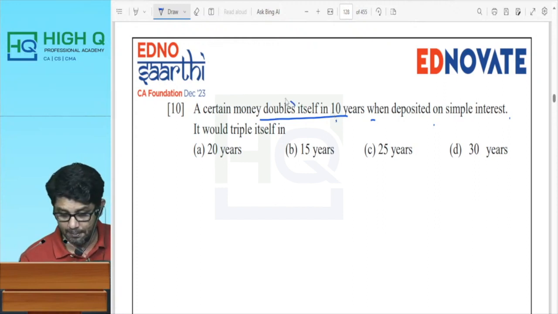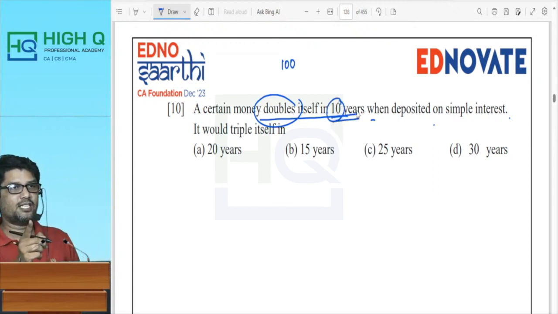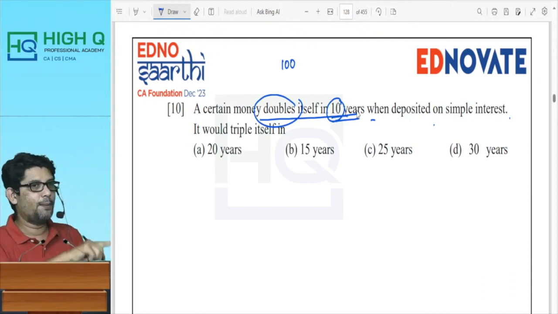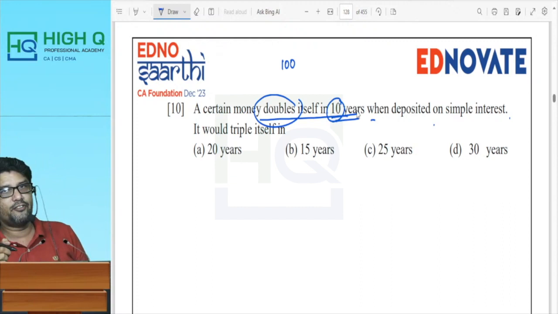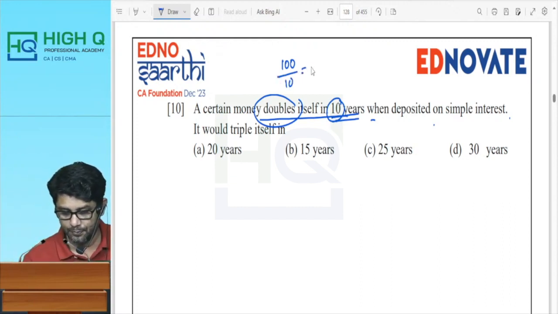Doubles means I told you to use 100 by R. Here the number of years is given. When the rate of interest is given, use it to calculate the number of years. When the number of years is given, use it to calculate the rate of interest. So 100 by 10, my rate of interest is 10%. Is that right? Next step.